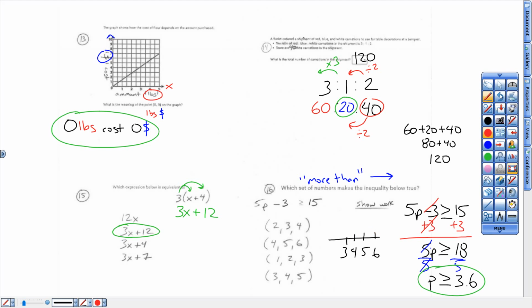So if I look at that chart right here, 2, 3, 4, that would be no good because that is not more than 3.6. If I look at 4, 5, 6, looks like the money set. If I look at 1, 2, 3, way too small. If I look at 3, 4, 5, because I have 3 in there and 3 is not more than 3.6, I can't include that one in there. So careful, that one looks close. Only 4, 5, 6. All right, moving on.